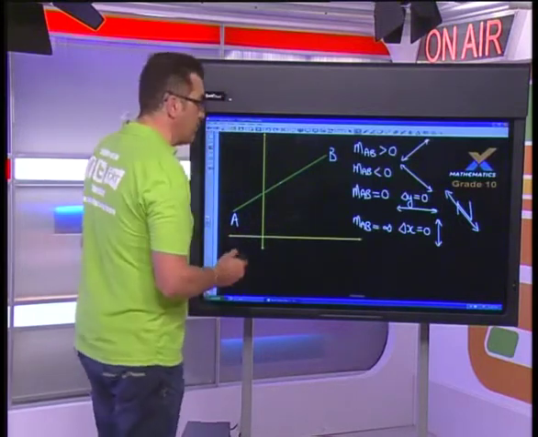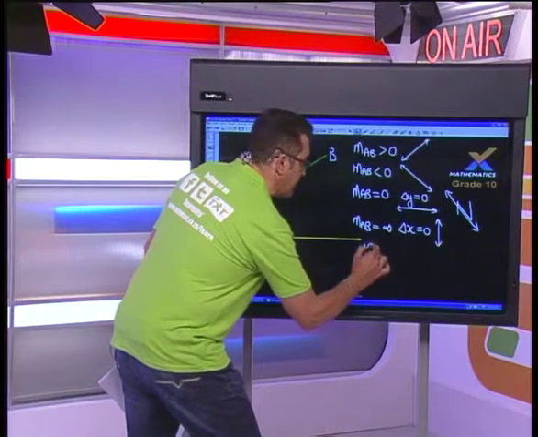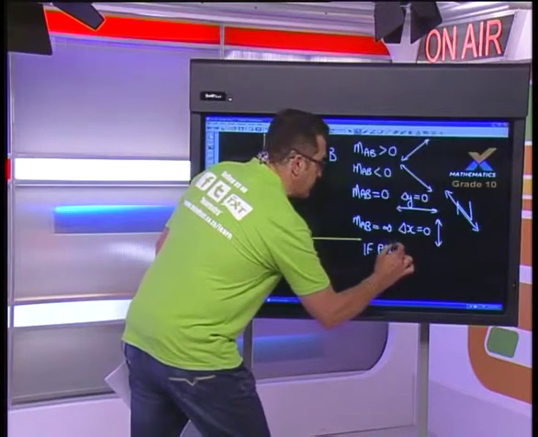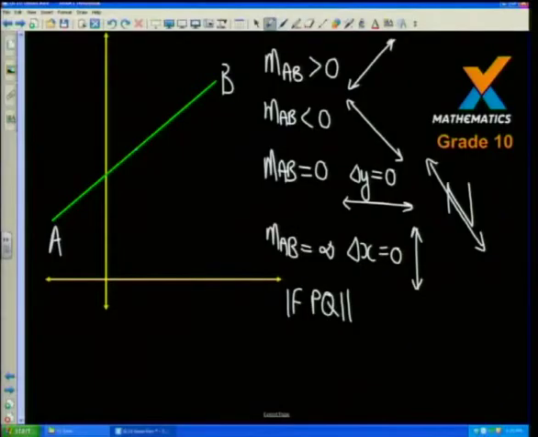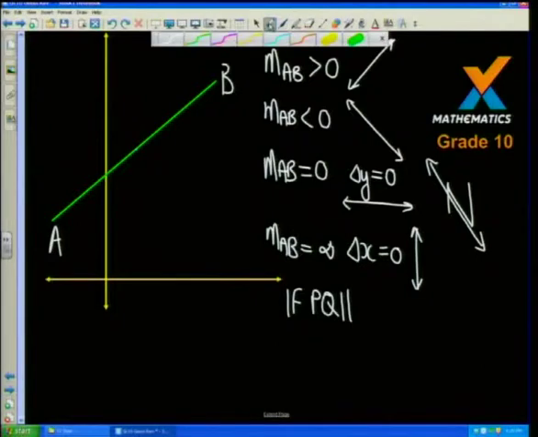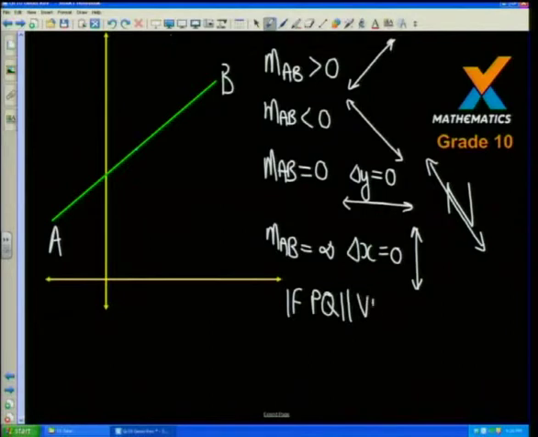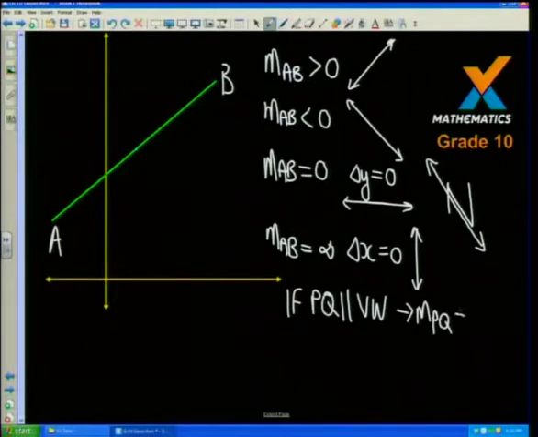Then 2 more things to remind you of. If the line PQ is parallel to VW, let's just go back and see why this is not happening. There we go. If 2 lines are parallel, then I can say the gradient of PQ must equal the gradient of VW. And if they're perpendicular, the relationship is different.